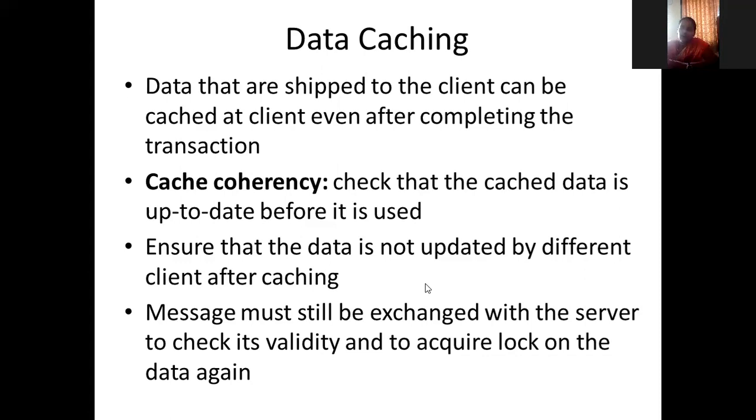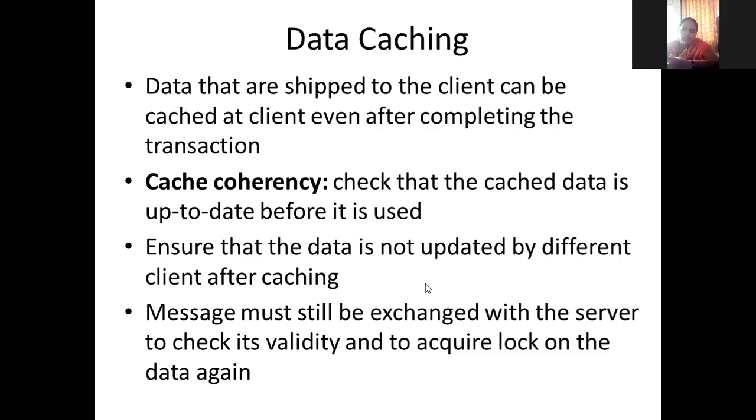Then you can acquire the lock on that data and you can perform your transaction. So are you getting it? Data caching: if some data item is required frequently, and you perform transactions frequently, the client can store that data in the cache, and again perform the transaction on that data. So check whether that cached data is up to date or not.